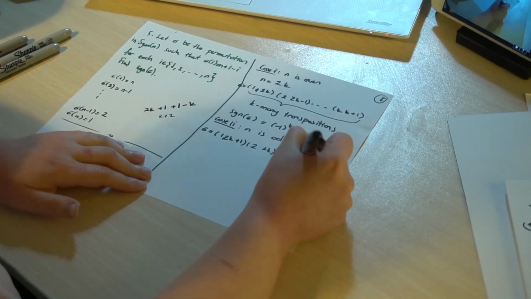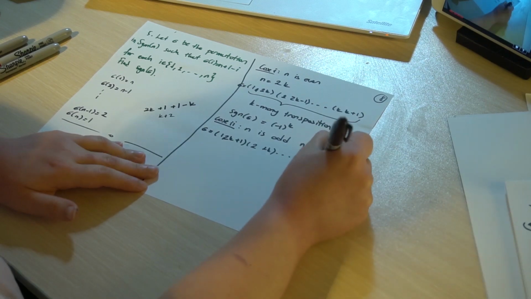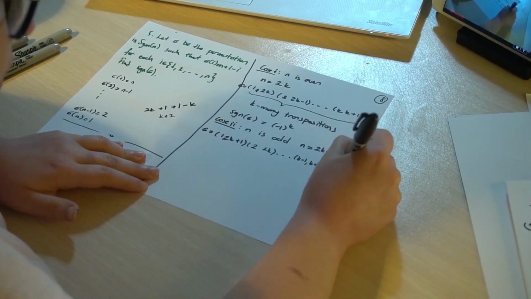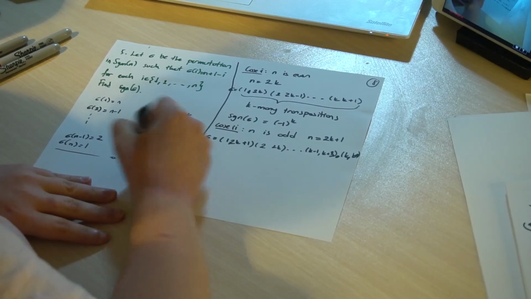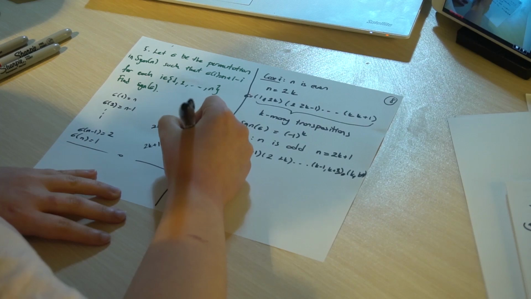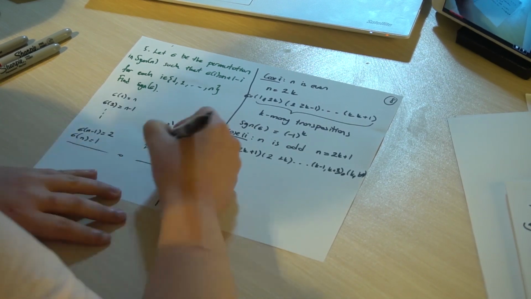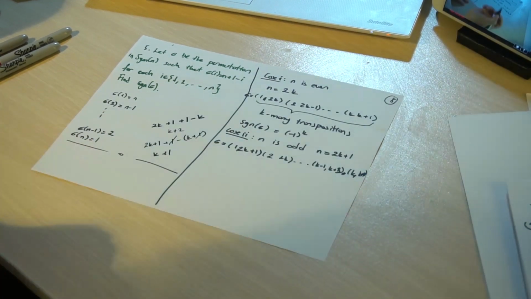Sorry, k minus 1 goes to k plus 2, k goes to k plus 1, and k plus 1 goes to 2k plus 1 minus k plus 1, so k plus 1 goes to itself.